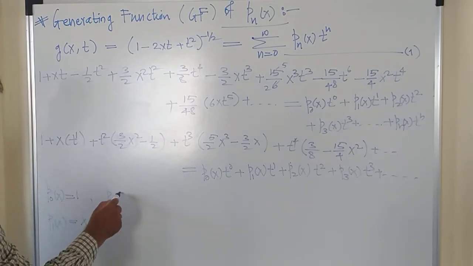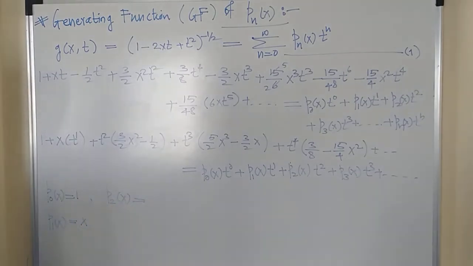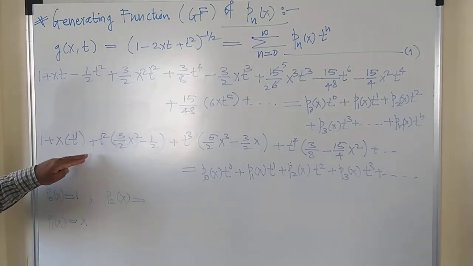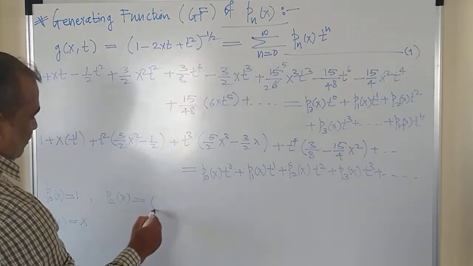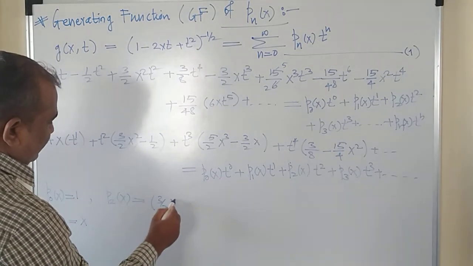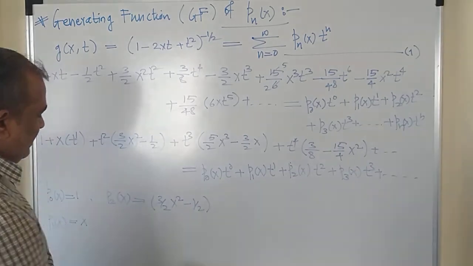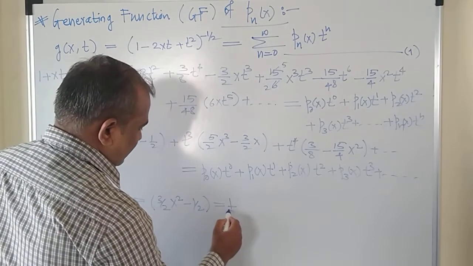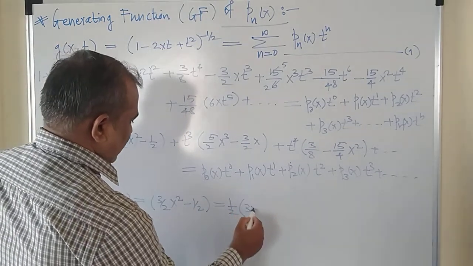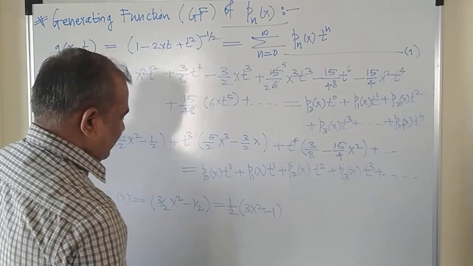And now similarly p2 of x is the coefficient of t square. So t square is this, its coefficient is 3 by 2 x square minus half. So p2 of x is equal to how much? 1/2 times 3x square minus 1. You can take out 1/2 common from here, and you will get this is equal to 3x square minus 1.